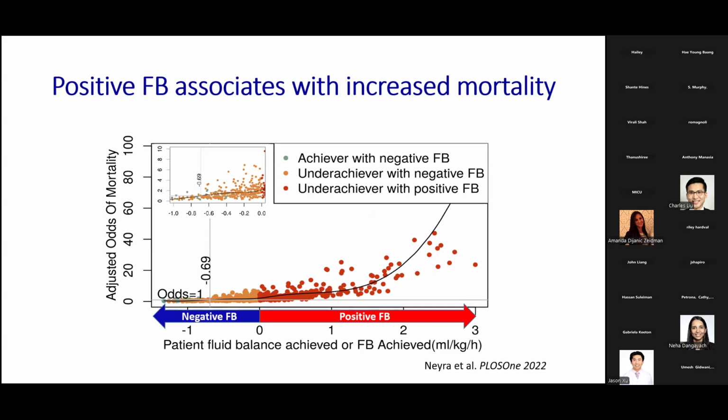So the first thing we did with this study was to evaluate a subset of patients where the decision was clinically made to initiate CRRT, and the primary indication was fluid management.